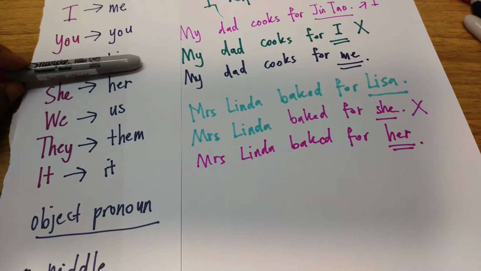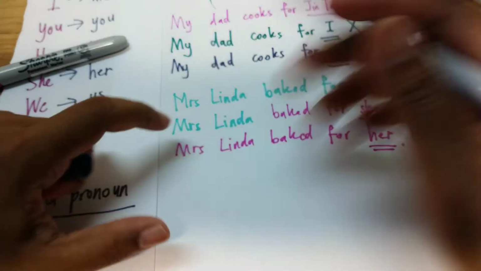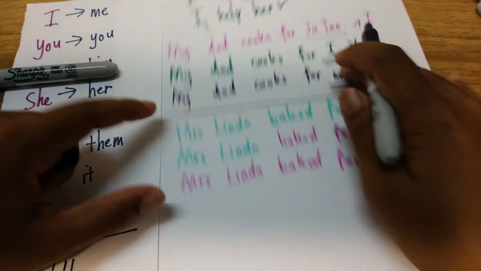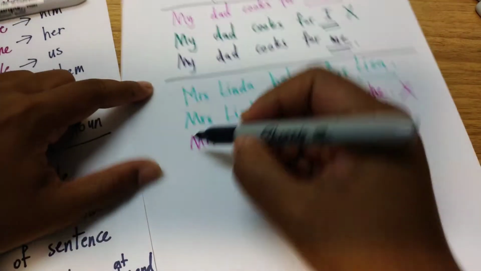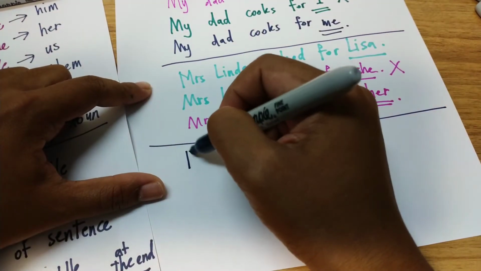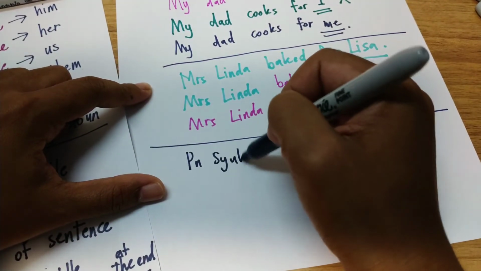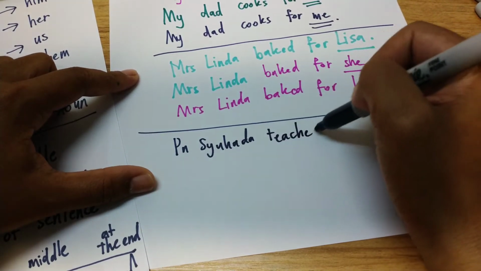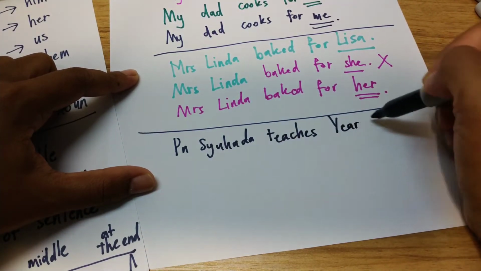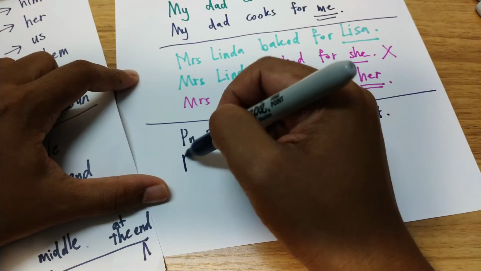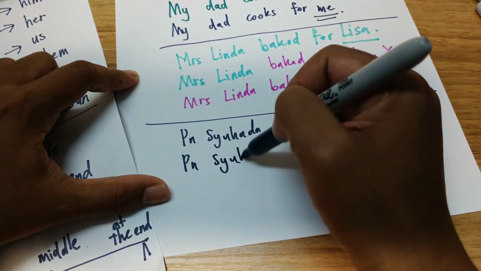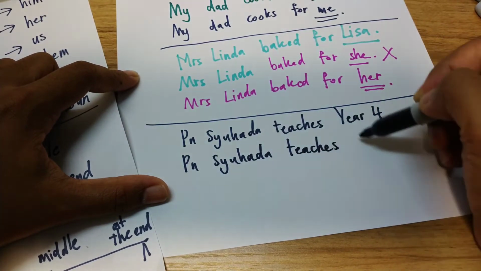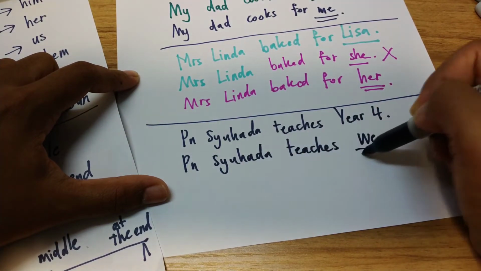Okay, another one. I'm just going to give you a lot of examples until you see how to use it. Puan Syuhada teaches year 4. Puan Syuhada teaches we. You cannot use we.